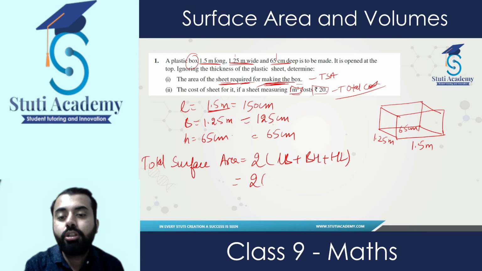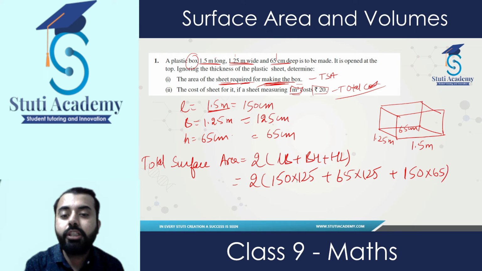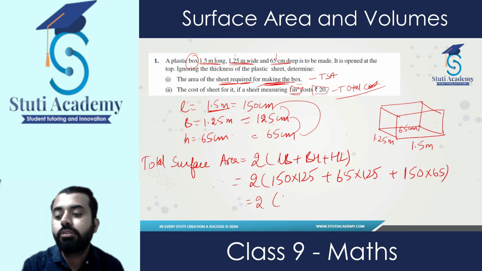That means 2 into (150 into 125 plus 65 into 125 plus 150 into 65). All this, whatever you get here, that will be the area. Let me just quickly calculate this for you.